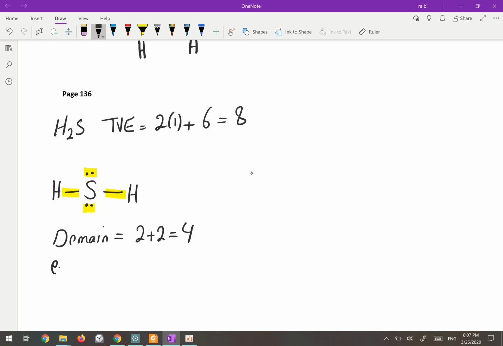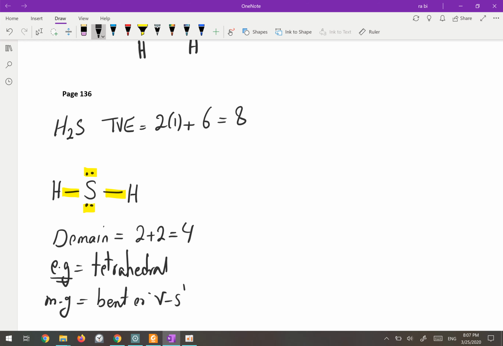When you have 4 domains, the electronic geometry is tetrahedral. Here I use an abbreviation, but in the exam you have to write the complete name. Now the molecular geometry. When you have 4 domains with 2 lone pairs, the molecular geometry becomes bent or V-shaped.